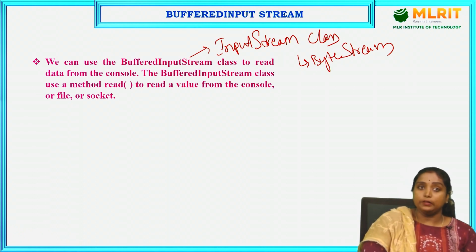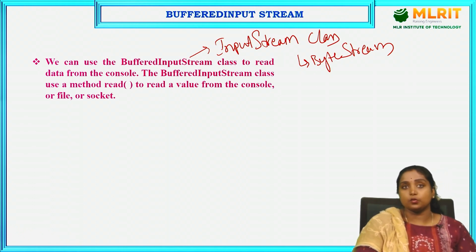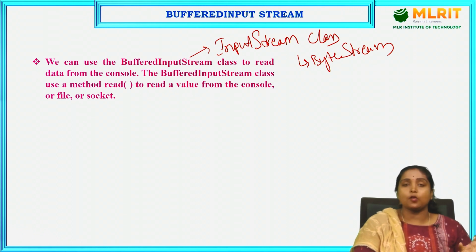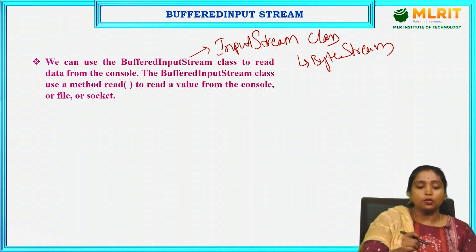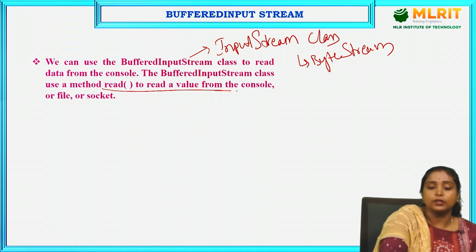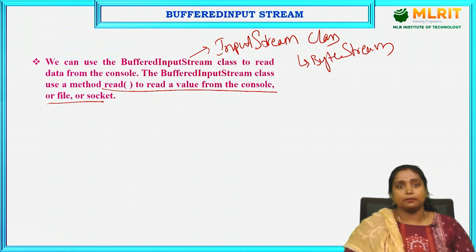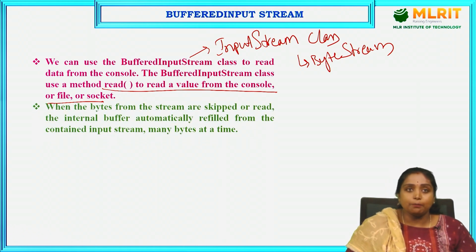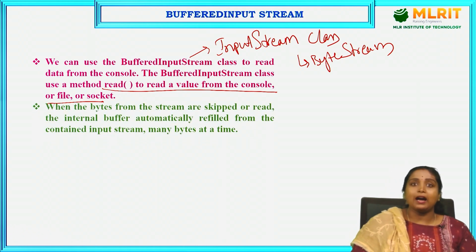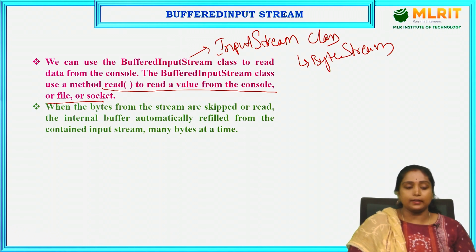Here we will use the read method, a common method for inputs. We use the read method to read a value from the console, a file, a particular socket, anything.